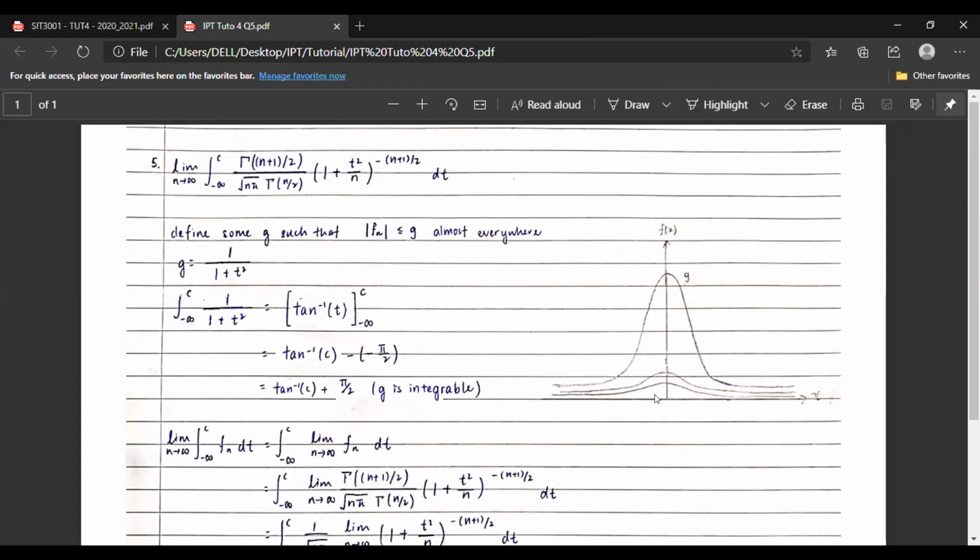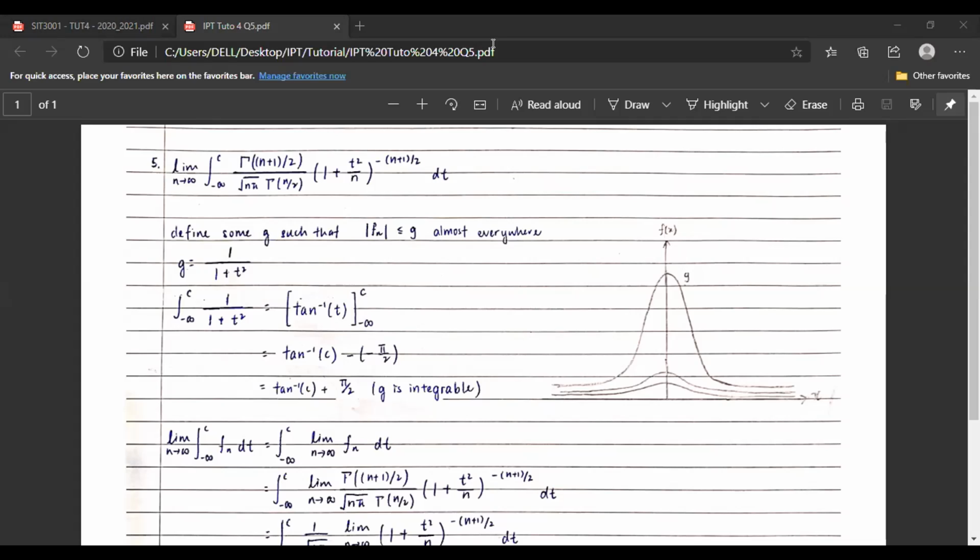If the Fn is very large, they will exceed the G a little bit, and then at the tail they will converge to 0. I will give you an argument why it doesn't dominate. Your 1 over 1 plus t squared is very flat, right?